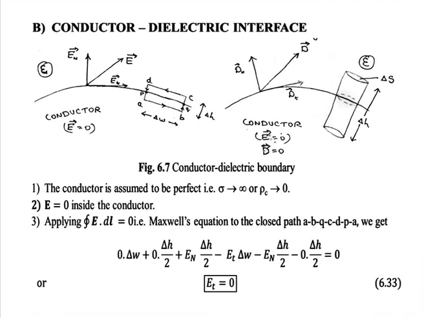Next, we have the conductor dielectric interface. Now, in this case, the electric field intensity in the conductor is 0. Again, when we apply Maxwell's equation, that is E·dl equal to 0, to the closed path ABCDA, and on solving, we get Et is equal to 0, given by equation 6.33.